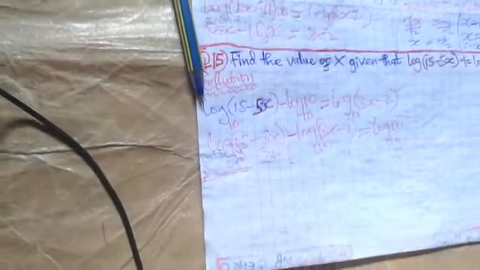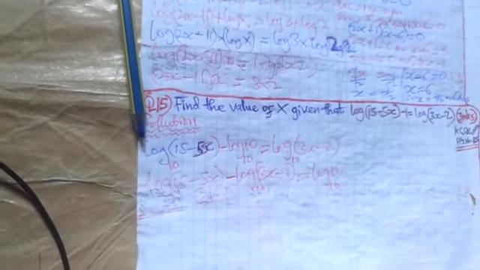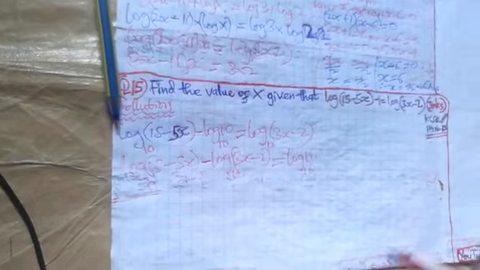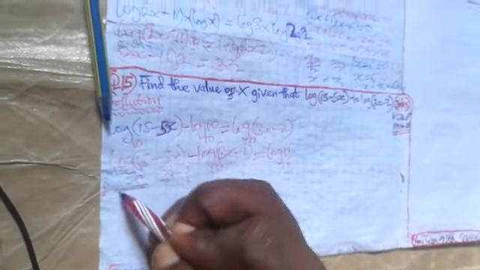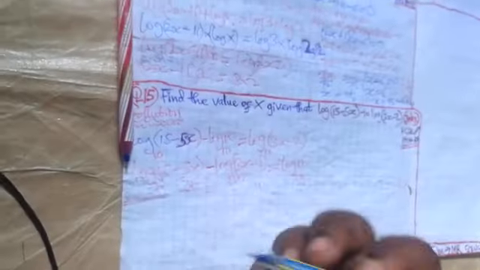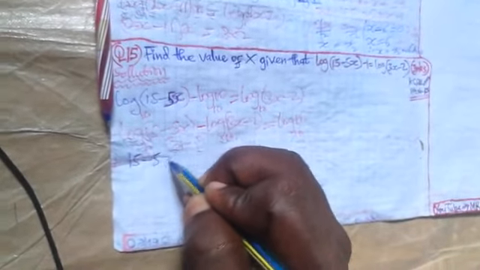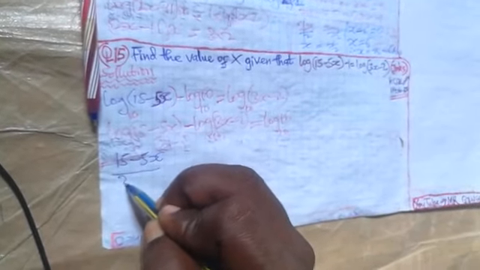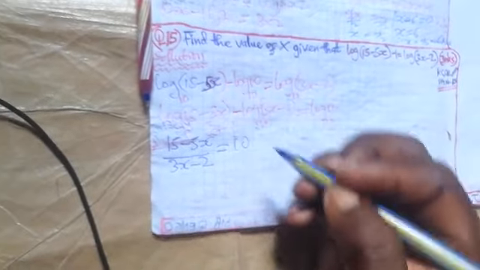And by dropping the logs on both sides of the equation and considering that addition goes with multiplication and subtraction goes with division, we say this will be 15 minus 5x divided by 3x minus 2 is equal to 10.